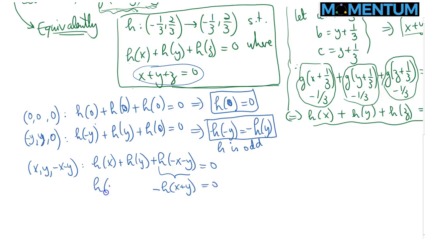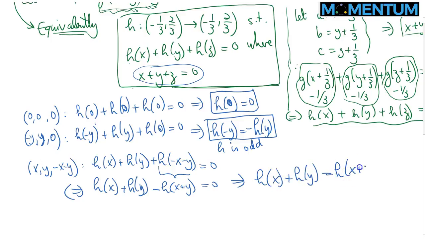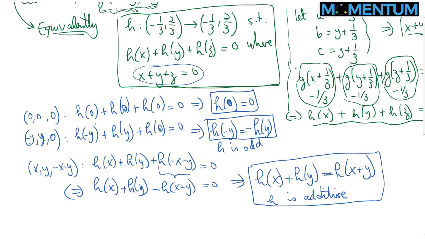I can rewrite these equivalently, so that would imply that h of x plus h of y is equal to h of x plus y. But now this is beautiful, because we have an additive function, right? h is additive. Now I need to make sure all the conditions are satisfied, because I'm very excited. It seems that we reduced the problem into a Cauchy type functional equation, right?